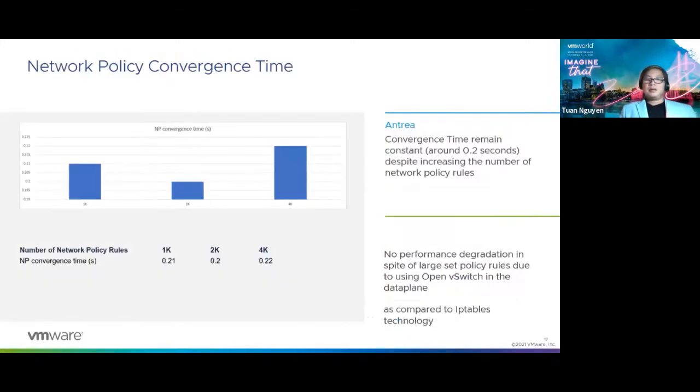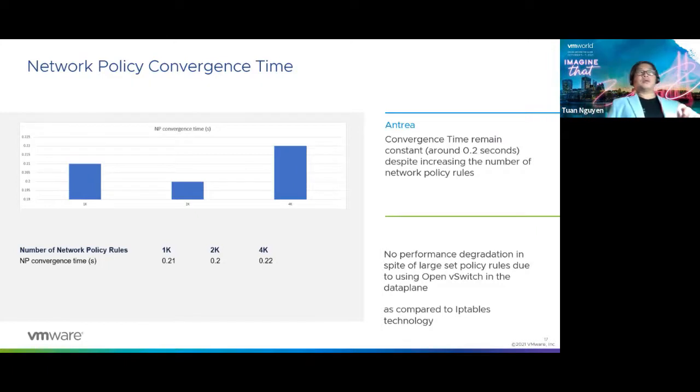And the beauty of Antrea is that convergence time is very constant, despite how much traffic you have. In this case, we got 1,000 or 2,000 or 4,000. No matter the performance degradation, and this is despite you doubling or tripling the number of network policies.